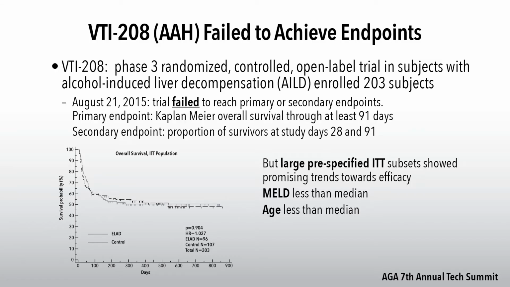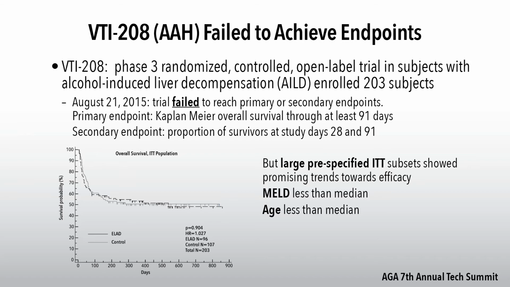Now, the VTI 208, we created this study to evaluate the effect of the ELAD on acute alcoholic hepatitis. On August 21st, 2015, we presented that the system was not able to modify survival.